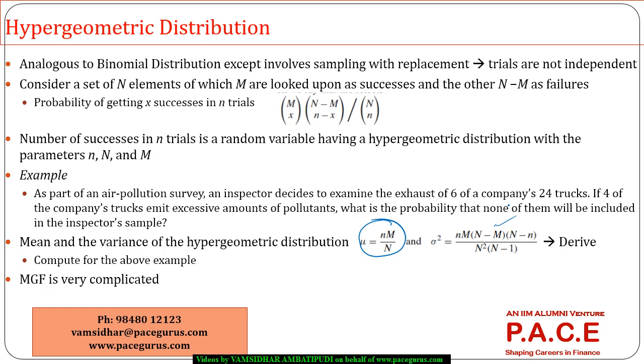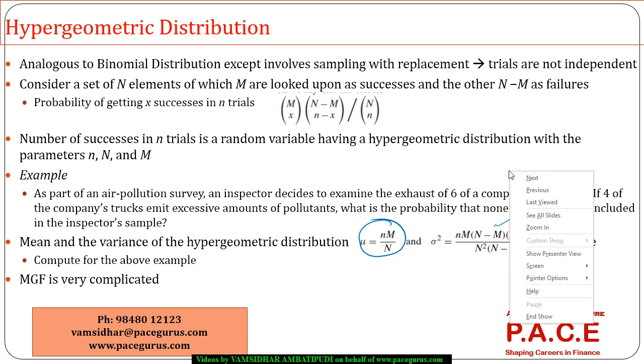So if we want to quickly look at the proof or the derivation associated with this, we have already given the probability function, which is MCx into N minus M C n minus x, divided by NCn.